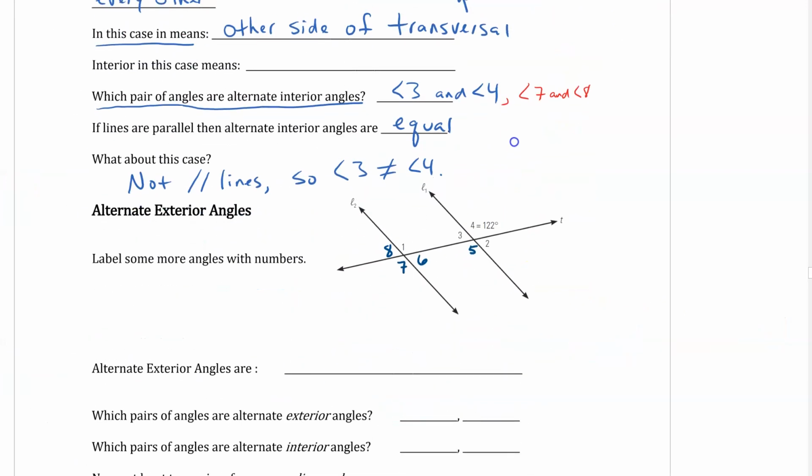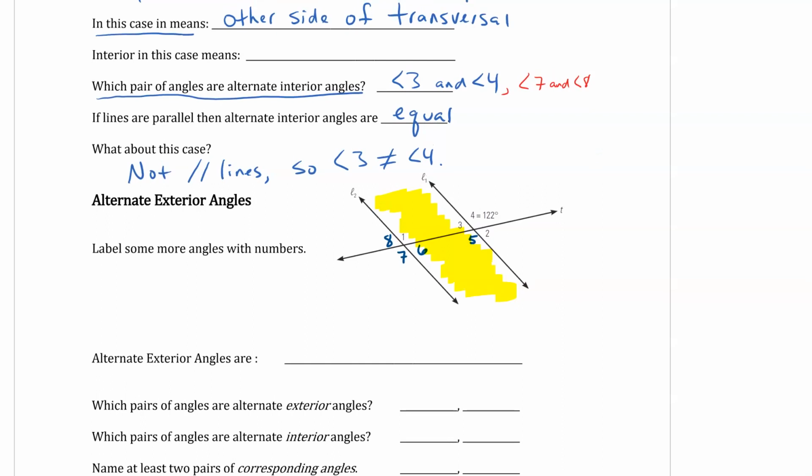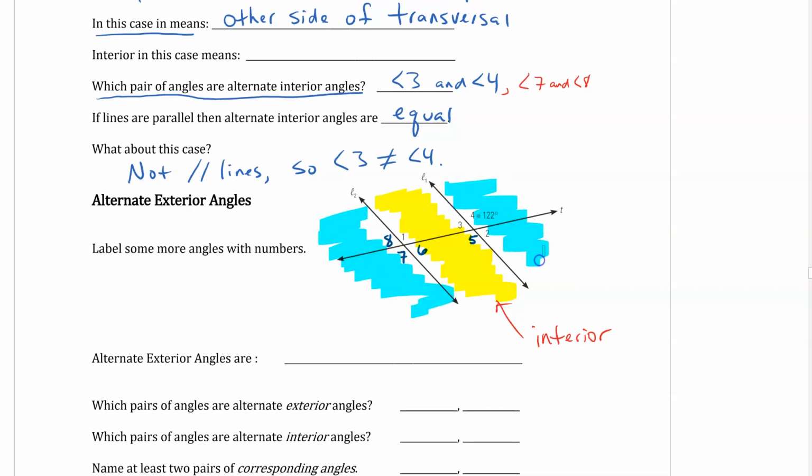Oh, we're almost there. Alternate exterior. Okay, so just a reminder that interior is between the parallel lines. The parallel lines are going different directions, so it's a little bit harder to tell. So this is the interior. And the exterior, I'm going to highlight in blue, is over here. That's all exterior.